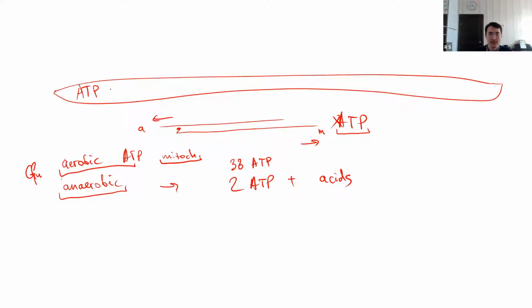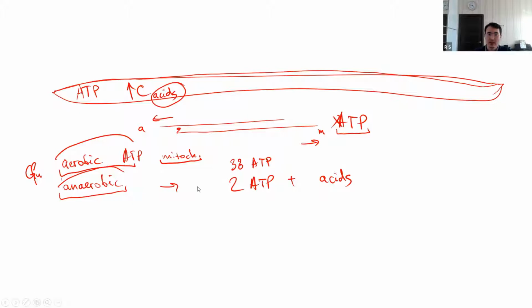These acids stay in our muscles, so the concentration of acids increases, and this gives us the pain. Whenever you feel pain after lots of work, it means that you turned from the aerobic ATP production into the anaerobic one. Then we first need to get rid of these acids, and after that, our pain is gone.